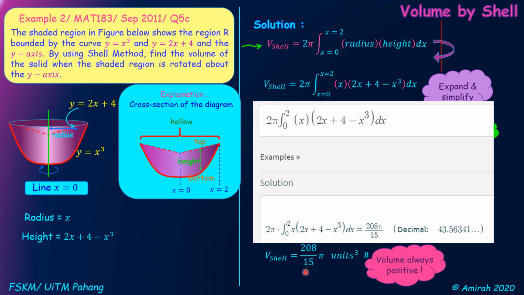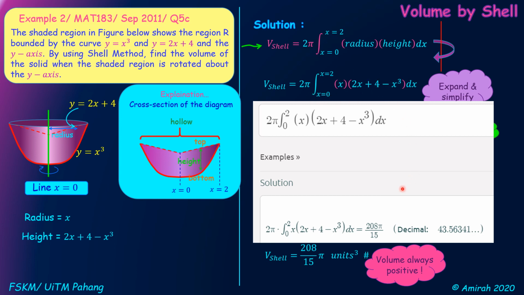From the final answer here, we can see that the volume is positive, because volume and area are always positive values. If we get a negative value, we need to double check the formula that we set up.